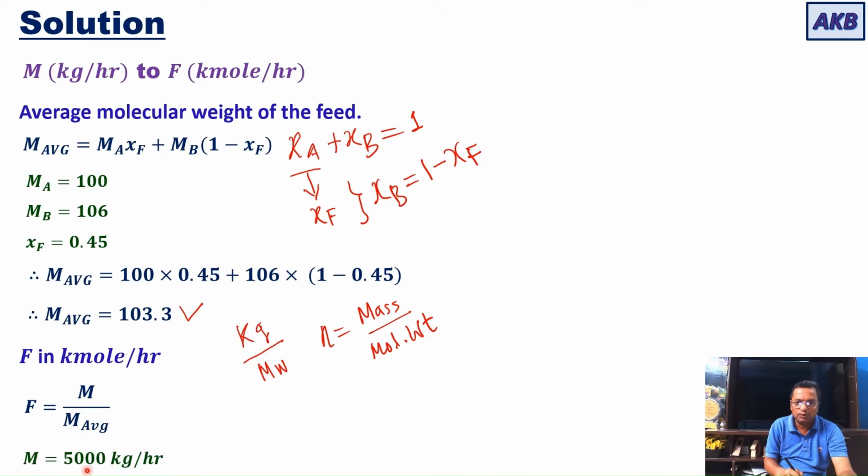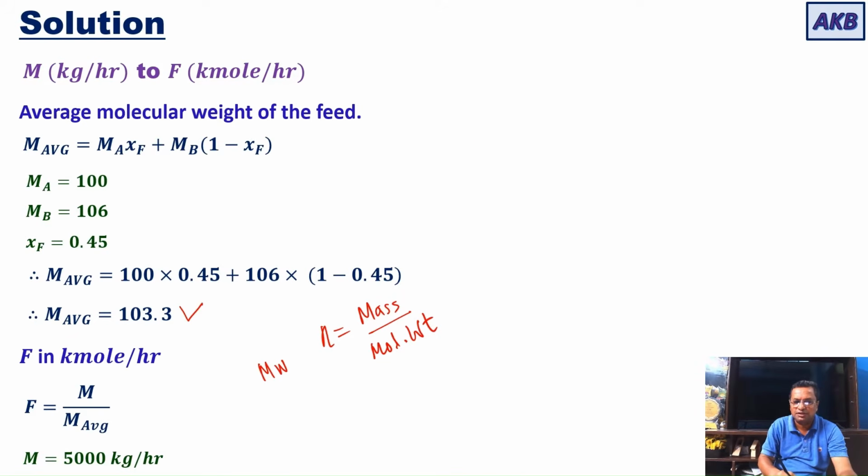So, M is known to us, it is 5000 kg per hour, and we just got the value of M average. So let us use the known values to get the molar flow rate.